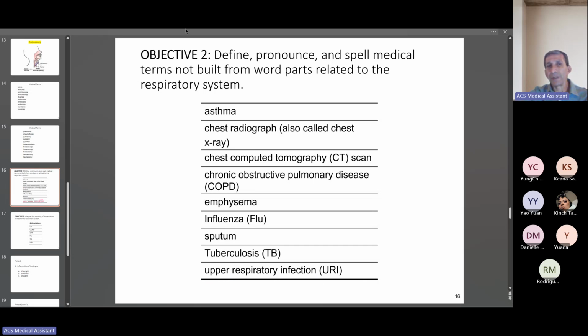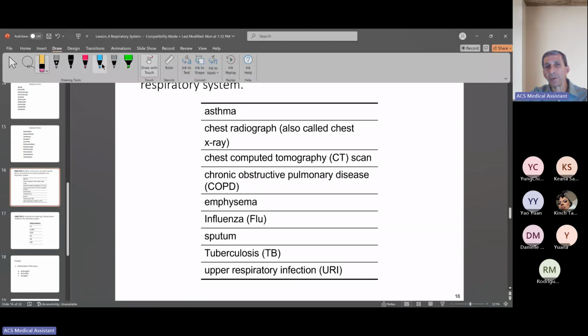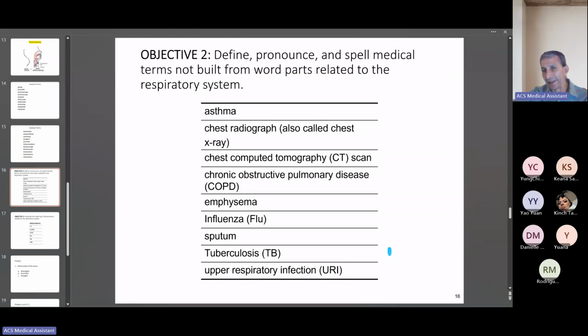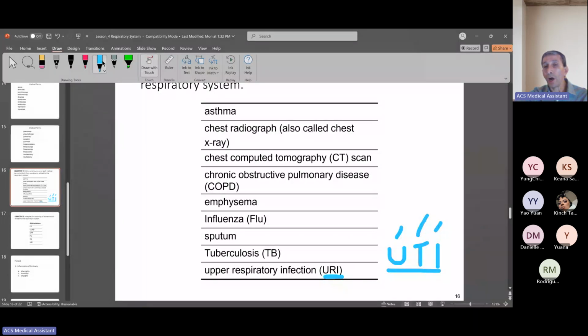Now, do not mix this up either with UTI. This is something different. UTI, urinary tract infection. This is not urinary. This is upper respiratory infection. Because they ask about UTI as well. Remember, UTI is a urinary tract infection.